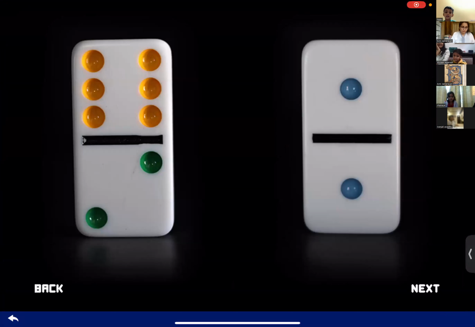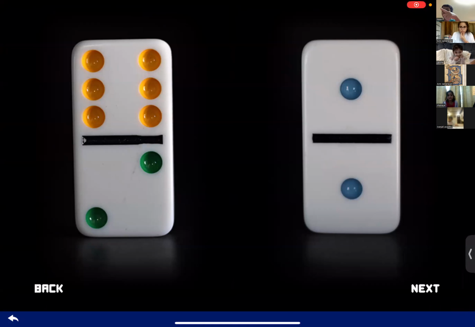Now, children, look carefully at which number this is. This is known as Dominos. Not the pizza that we eat, but this game is known as Dominos. How many yellow dots do you see? 6.